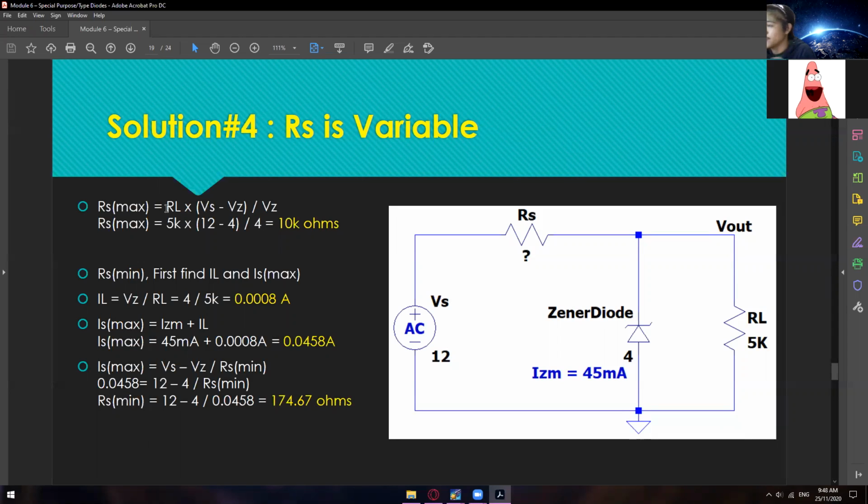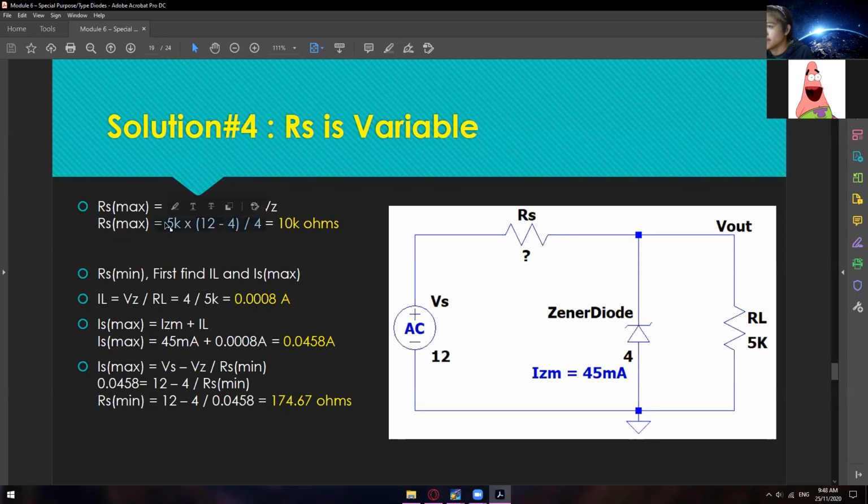The formula for the RS max is equal to RL times Vs minus Vz divided by Vz. RL is already given, Vs is already given, Vz is already given. So all you need to do is substitute their corresponding values. RL is 5K, times 12 minus 4, divided by 4.